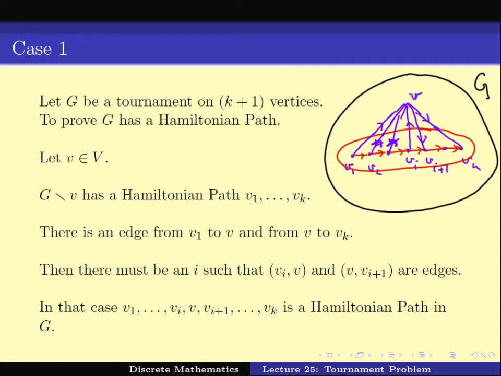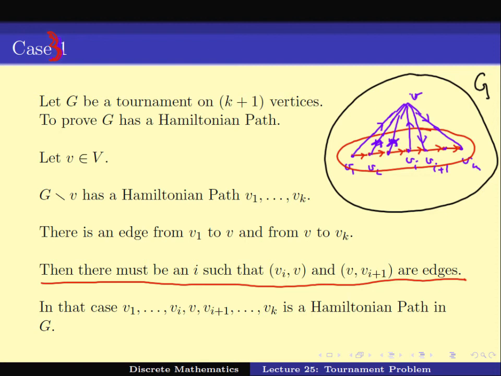Of course, I made a mistake here. This should be 3. This is case number 3. The crucial part here was understanding the statement that there exists an i such that Vi to V and V to Vi plus 1 exist.